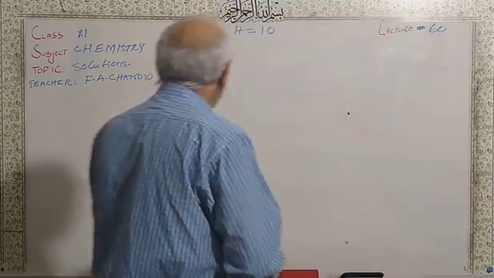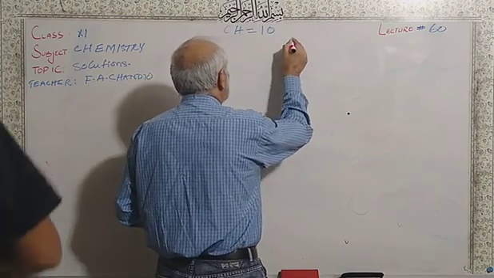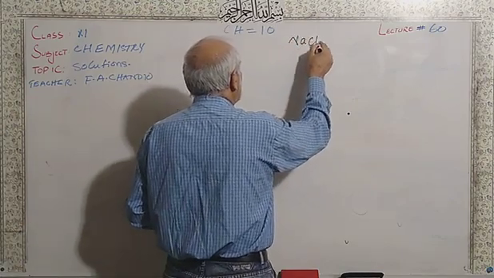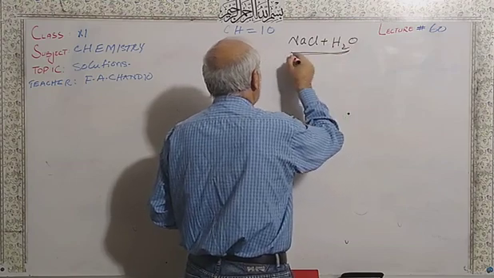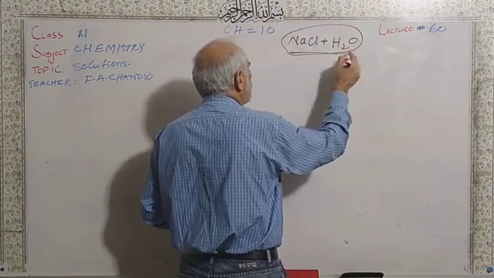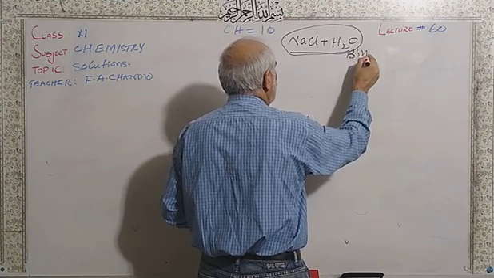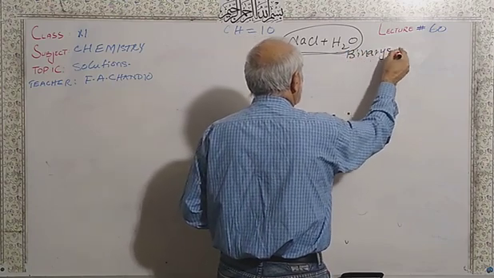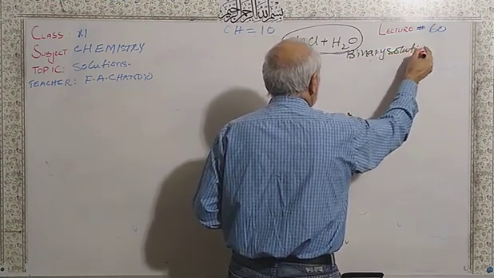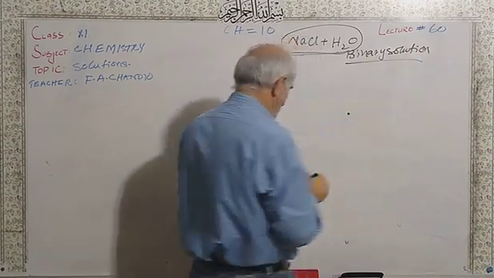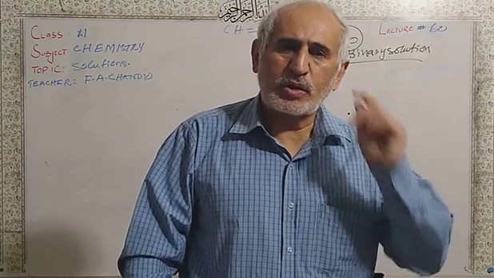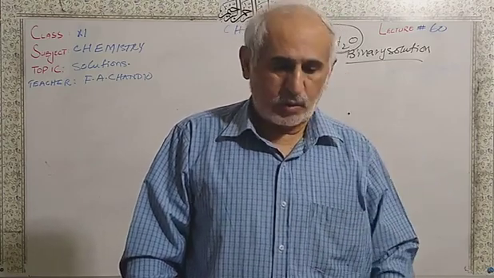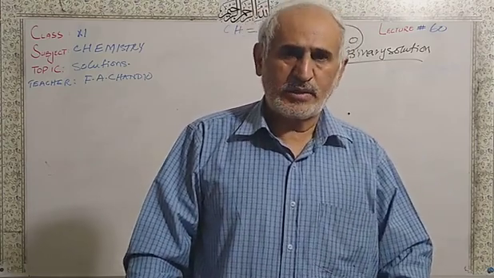When there is a solute and a solvent, just like sodium chloride is a solute and water is a solvent, with one solute and one solvent, we call it a binary solution.